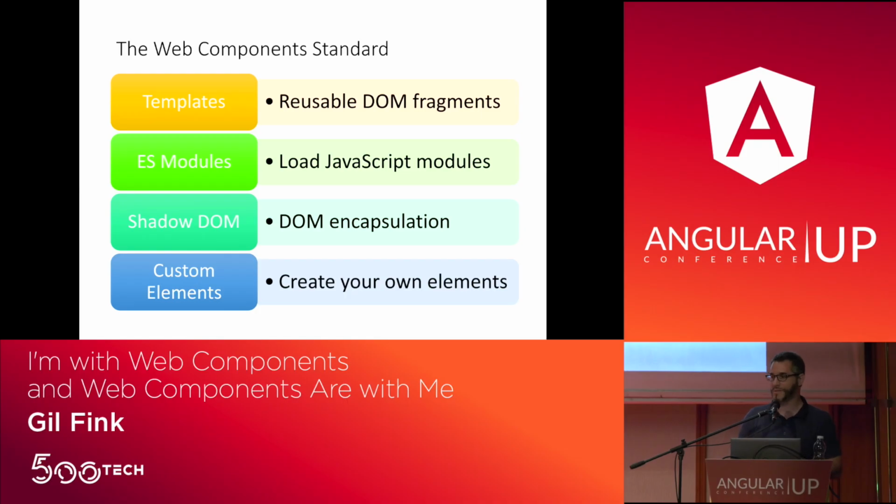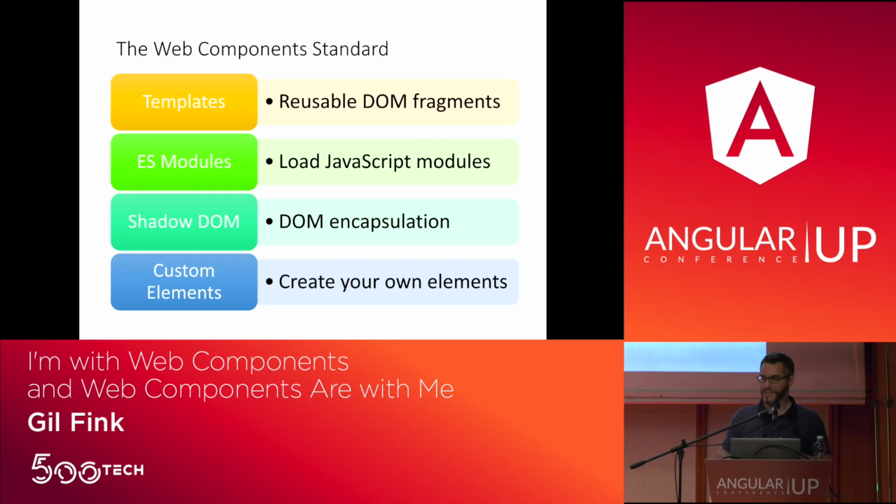The first one is template. What is a template? It's just a DOM fragment that you can create, and then create instances from that DOM fragment. Okay? Whoever used JS render or handlebars or underscore, you used those things in the past, same as using templates today. The second standard part is the ES modules. ES modules enables you to load JavaScript modules that you export from files to your browser.